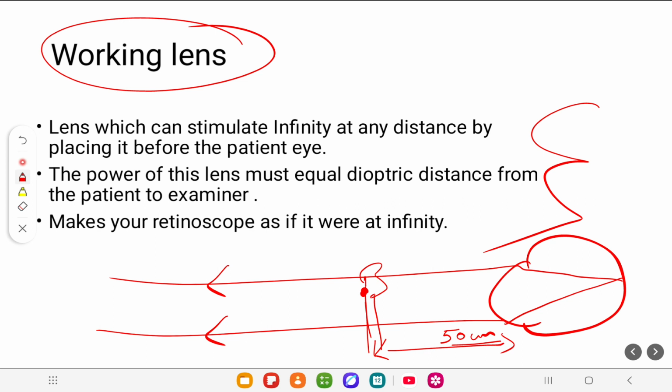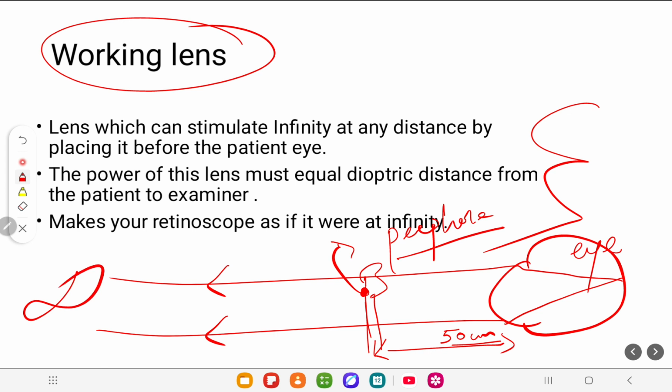As we have already discussed, the far point of this eye must be at the peephole, because the peephole is by definition the knife edge, and the knife edge should be placed at the focus for neutralization. Focus is basically the far point. In this case the patient is emmetropic, so the far point is at infinity.